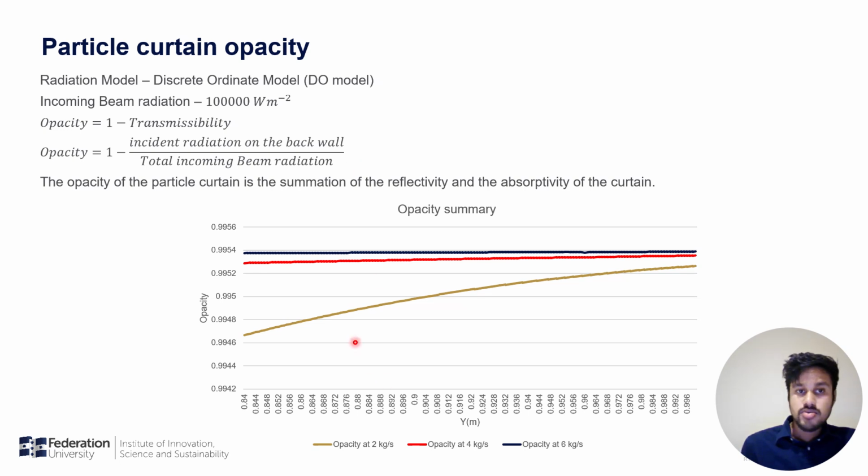Also, opacity is reduced when we reduce the mass flow rate, since we know that if the opacity of the particle curtain is reduced, the radiation absorption by the curtain is also reduced. This clearly shows that we can obtain higher radiation absorption when we increase the mass flow rates of the particles.